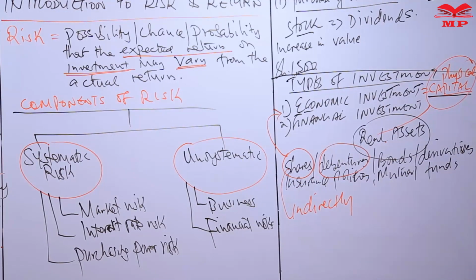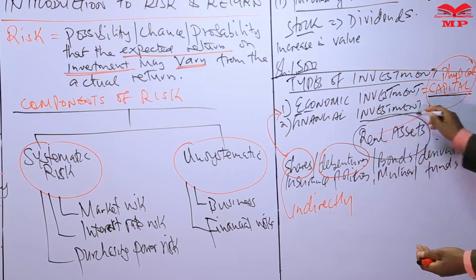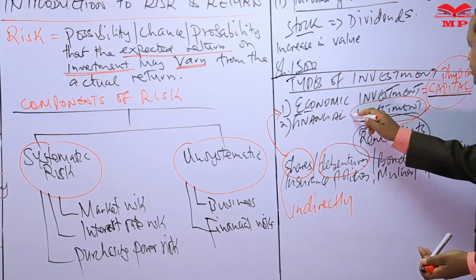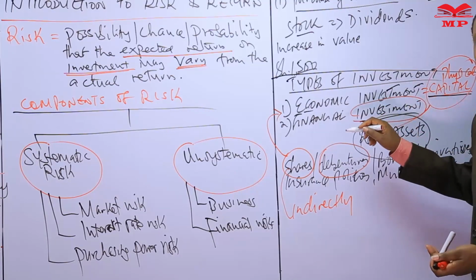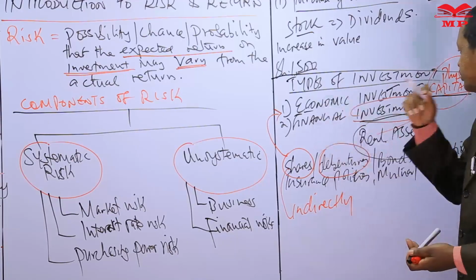So these economic investments and the financial investments, you can see, are somehow interrelated. When there is an increase in financial investments, that will ultimately lead to increase in economic investment.